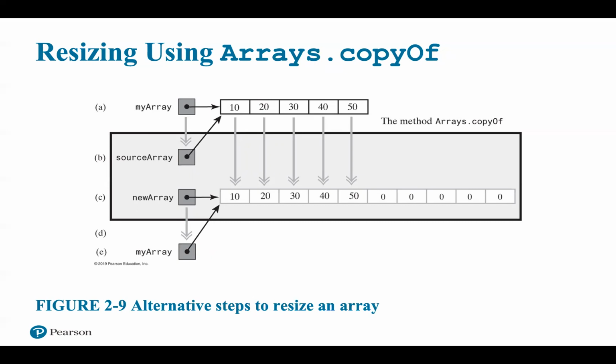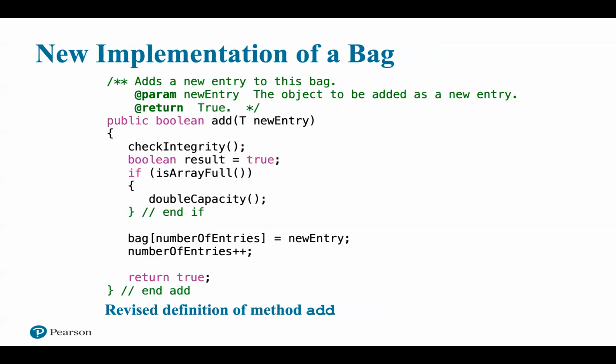Next, the method creates a new larger array and copies the entries in the argument array to it. And the method returns a reference to the new array, and we assign this reference to my array. So that's just another potential way that you can consider doubling an array or making more room in your bag.